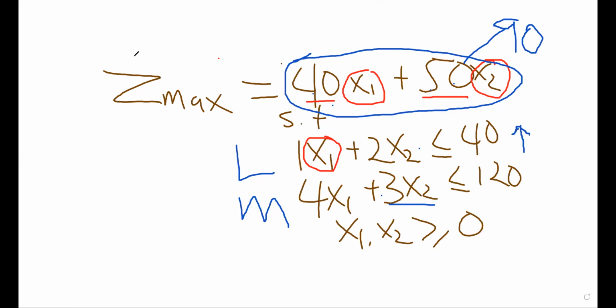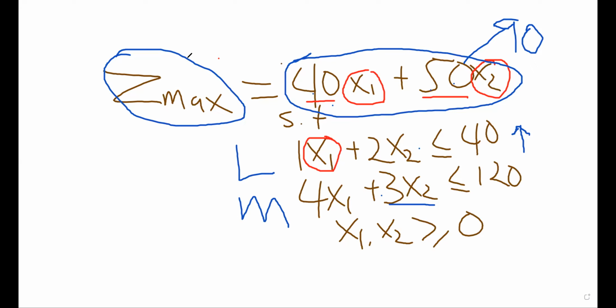What is going to happen to the objective function value? Whatever will happen is measured by the shadow price. The shadow price will tell you by how much the Z value will change. I'm using the word change because change can be increase or decrease.